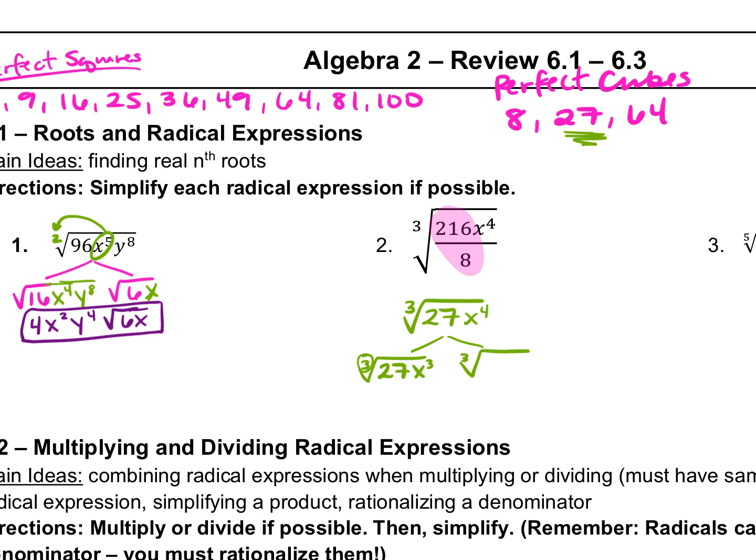Because it has to be divisible by 3 now. So x to the 3rd there, which leaves us with just an x over here. So when you simplify that, the cube root of 27 is 3, the cube root of x to the third, you're going to divide that. 3 divided by 3 is 1, so that's x to the first power. And then the cube root of x is as simple as you can go.